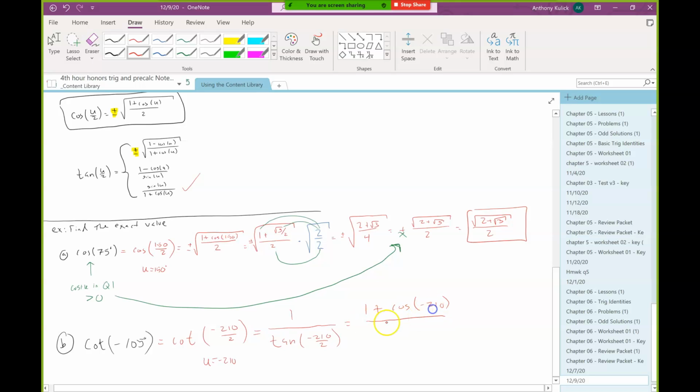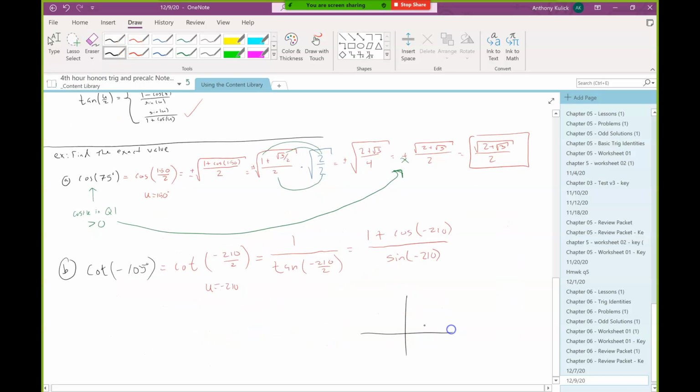I'm choosing this one because it's potentially the easiest to simplify. I don't have to worry about the plus or minus in this identity. And because I don't have 1 plus in the denominator, if I have to rationalize my denominator, it's going to be relatively easy to do that.